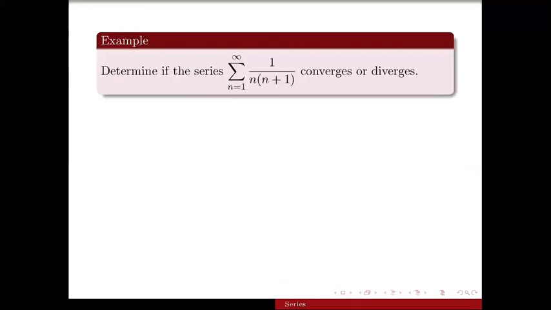For example, determine whether this series, the sum of 1 over n times n plus 1 from n equals 1 up to plus infinity, converges or diverges. So at this point, what we only know is the definition, meaning we just use the sequence of partial sums.